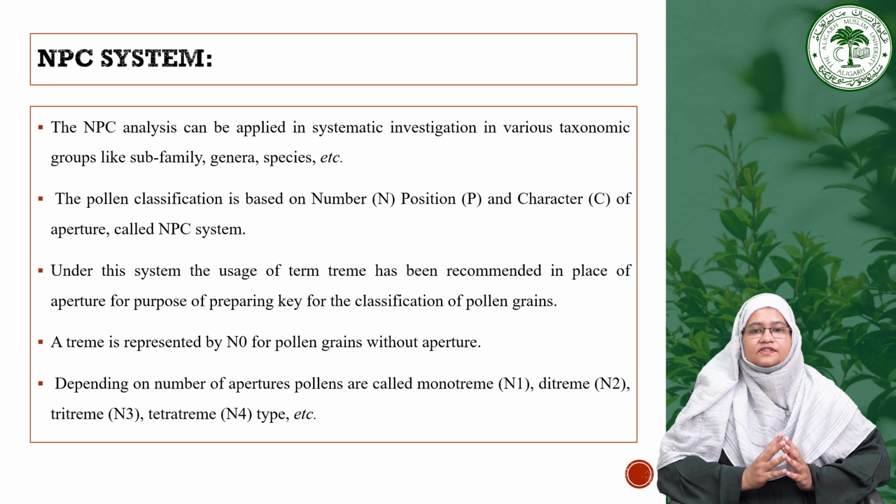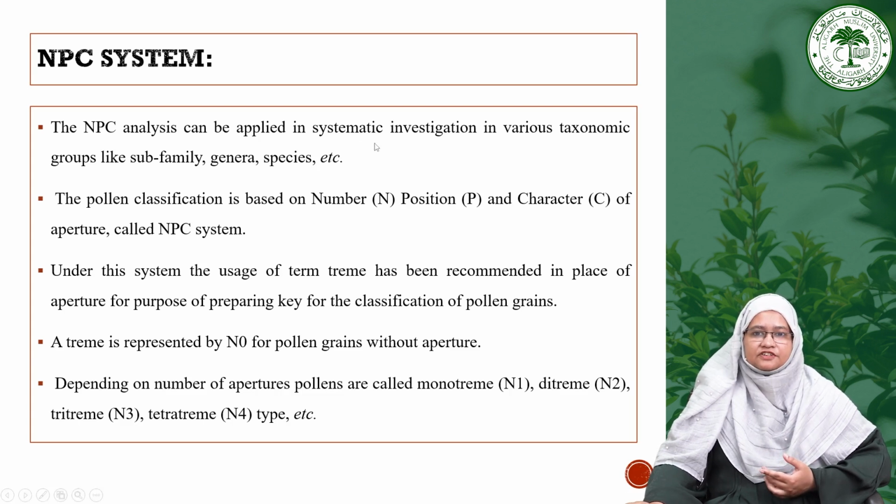There are different types of pollen characters, and if we analyze them, that is termed the NPC system. NPC analysis can be applied in systematic investigation in various taxonomic groups like subfamily, genera or species. Pollen classification based on the number, position and character of apertures is called the NPC system.